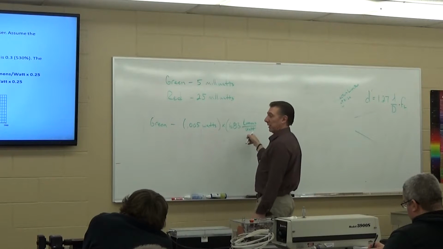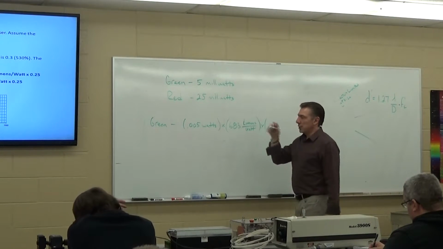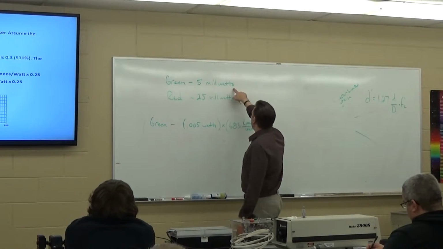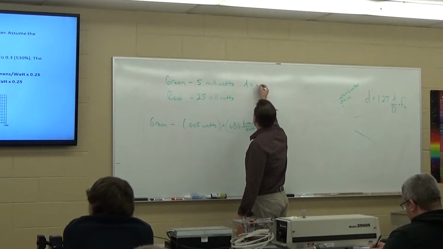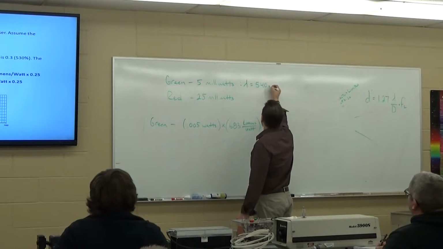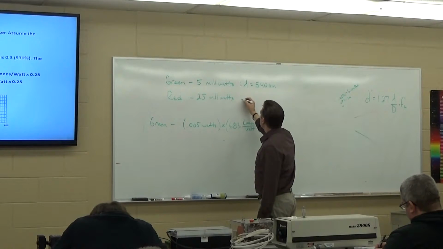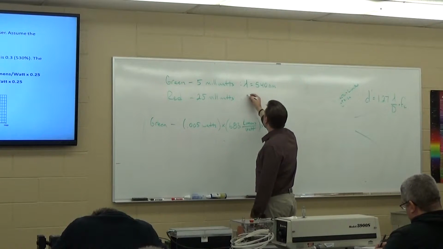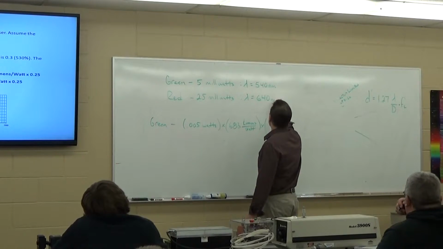The units cancel out, that's a good thing. Now we have to go to the chart. We also have to know the wavelength. Let's say this is 540 nanometers, the wavelength of the green laser pointer, and this one here is 640 nanometers.